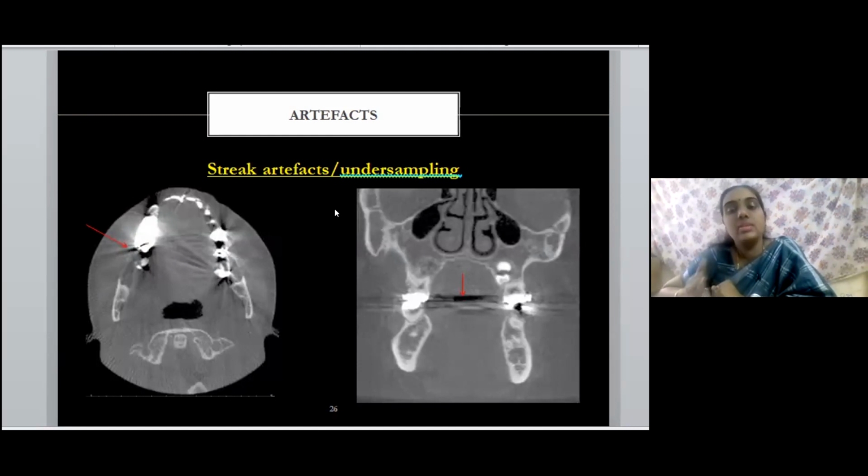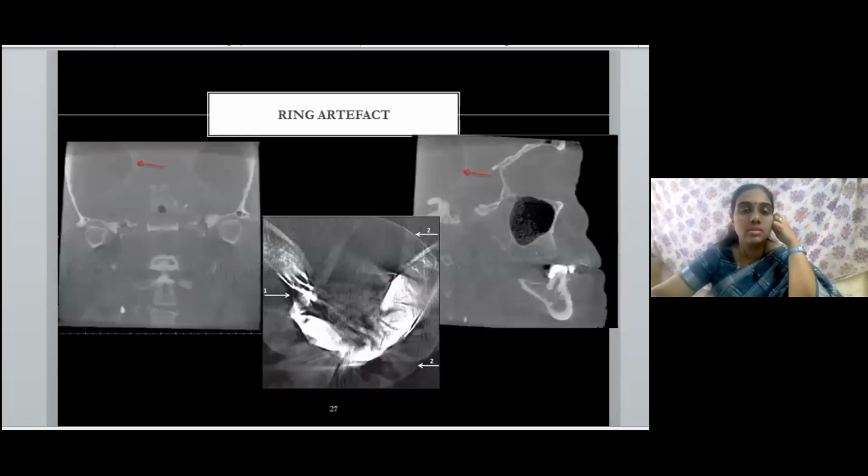If the sampling interval is too large when compared to the speed of the rotation, if the machine rotates faster and the sampling intervals are slower, then these artifacts are caused. So this is an example of streak artifacts, where dark lines are seen around the metallic restorations.